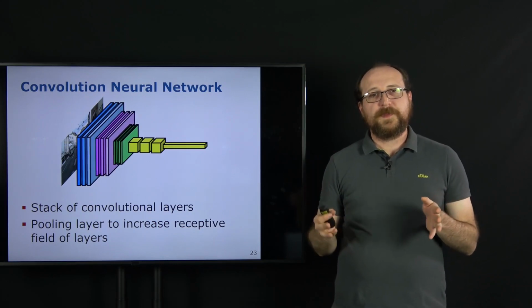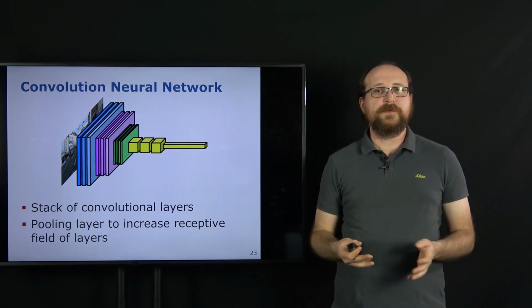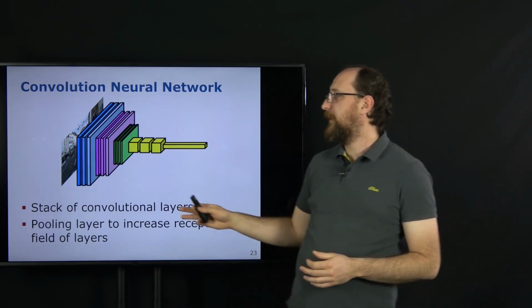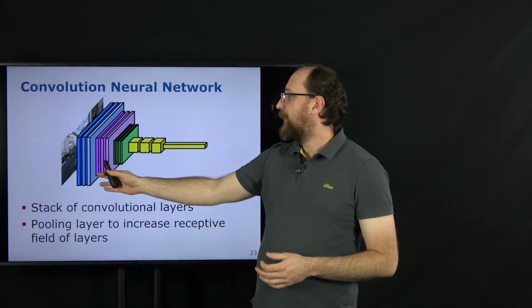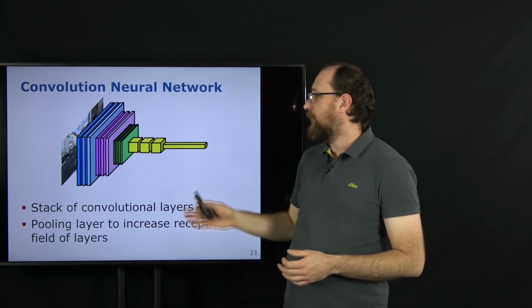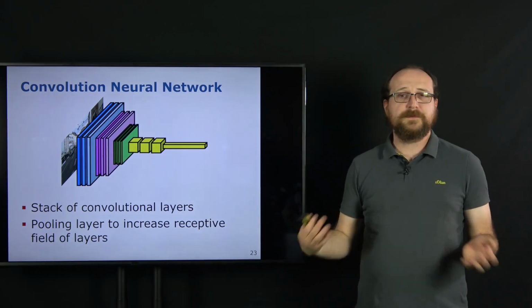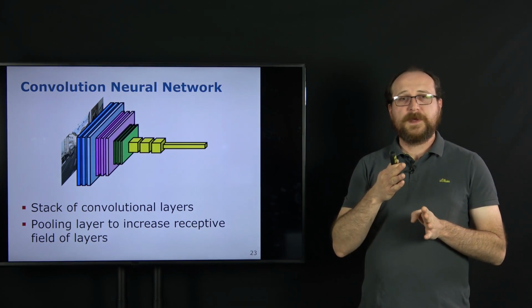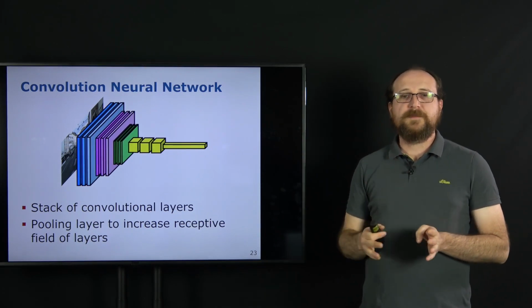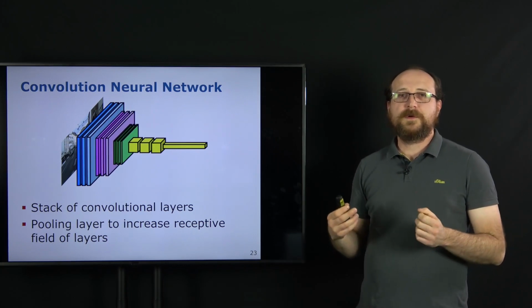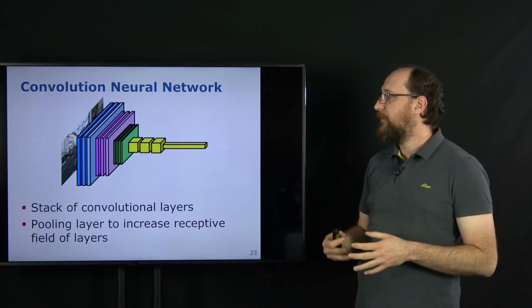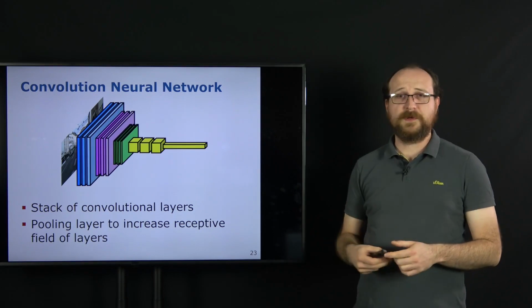The thing that we want to achieve in convolutional neural networks is not that we only apply it to the initial resolution of the image, but that we are doing multiple layers of this convolution. So we are stacking multiple convolutional layers with nonlinear functions in between. And since we want not only a very small receptive field, we are doing something in between.